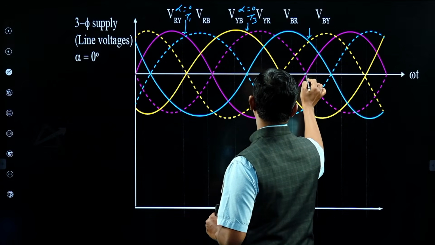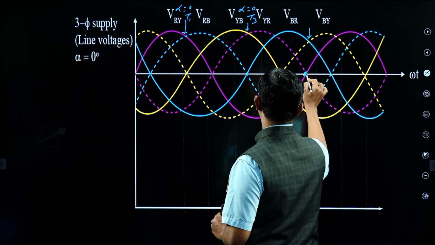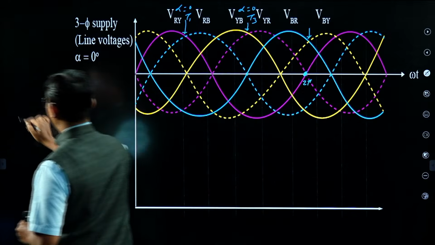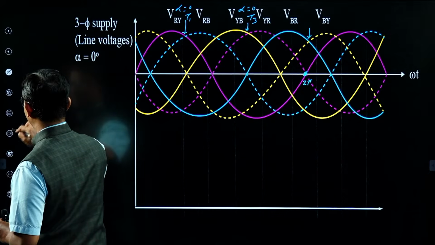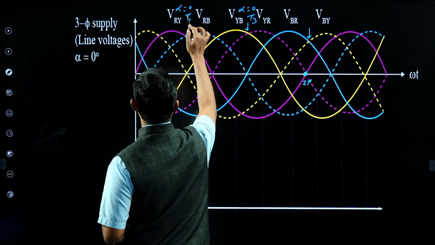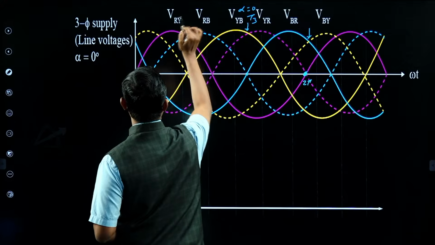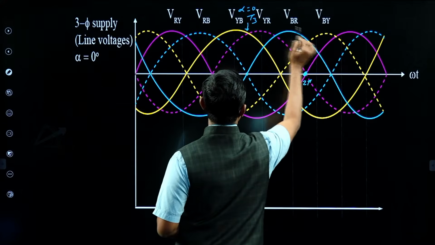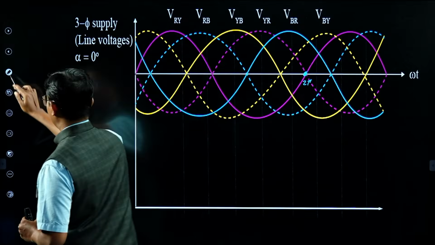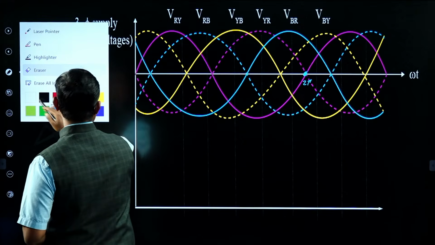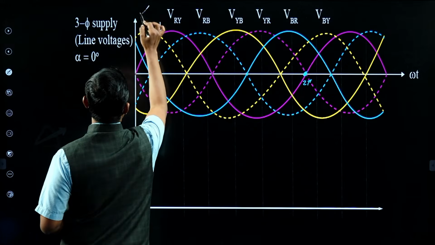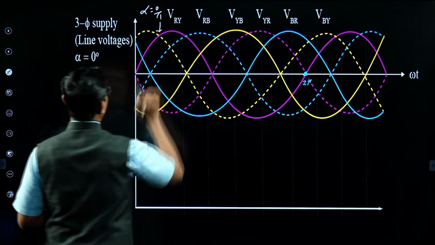This is 0 to 2 pi. Let me correct it, this is 2 pi actually. So this point indicates alpha 0 for T1. We are starting from here.